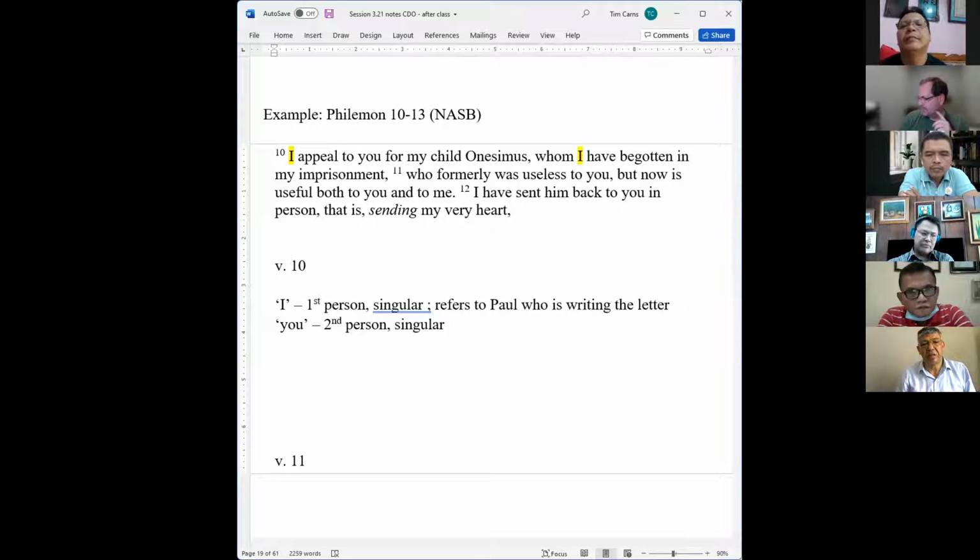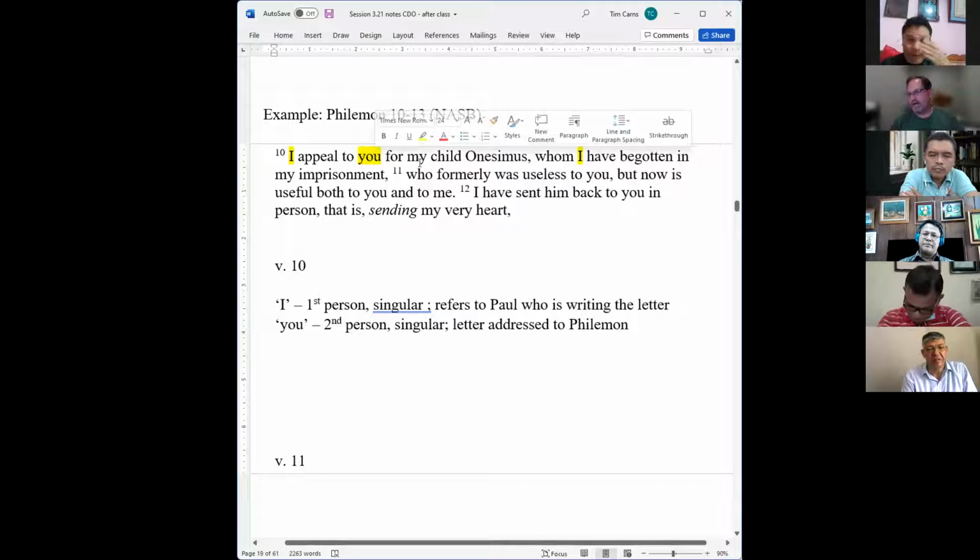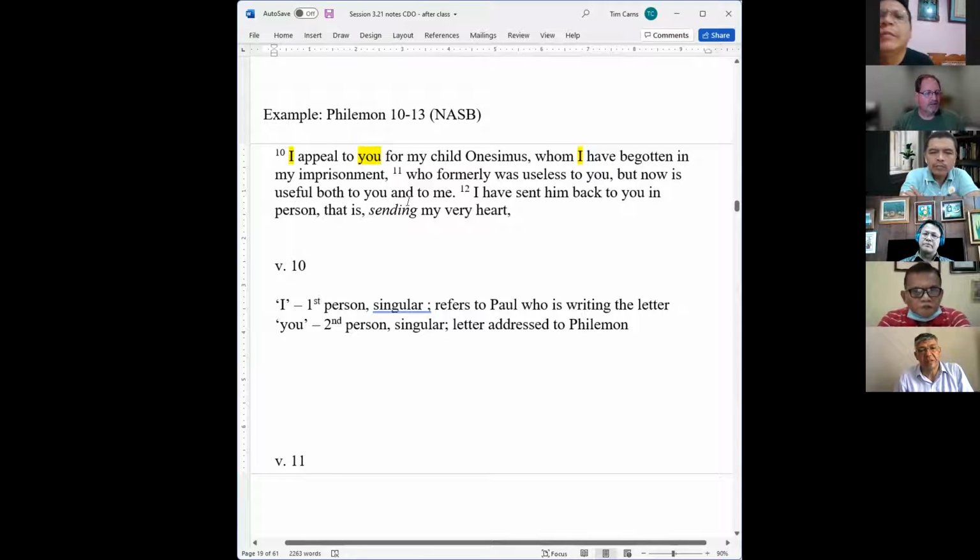Because of the succeeding words: for my child, to you, for my child, Onesimus. Yeah, this letter is particularly addressed to Philemon, so that's how we know it's specifically to him. So it's singular. But again, this is where it's a challenge in English because you wouldn't necessarily know. There are other parts in this letter where you is actually plural. So that's something to keep in mind.